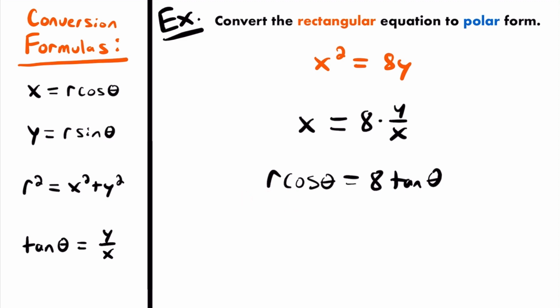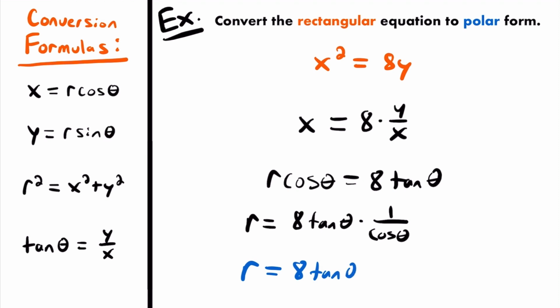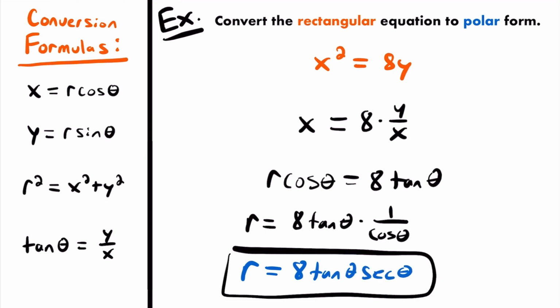And so if we divide both sides by cosine theta, we'll have that r is equal to 8 times tangent theta times 1 divided by cosine theta. All right, but 1 divided by cosine theta is the same as secant theta, and so our final answer is that r is equal to 8 times tangent theta times secant theta. That is the polar form of this rectangular equation.